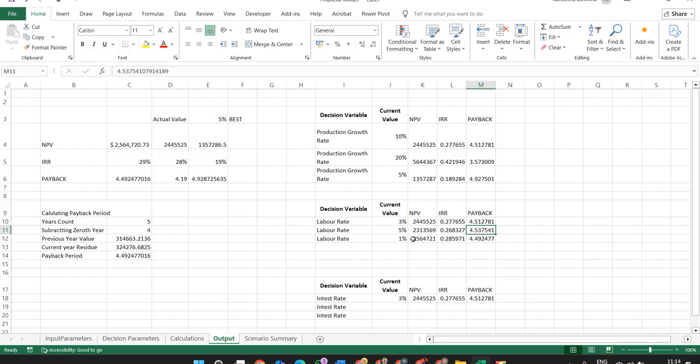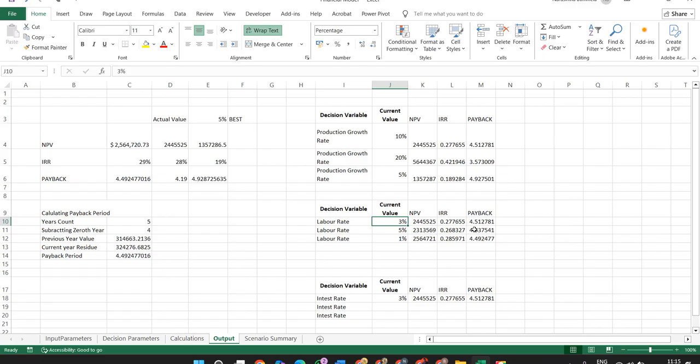And when you decreased it, the payback period decreased. So the labor rate value is having a negative impact on IRR and NPV, and it is directly proportional to payback period, meaning if it is reduced, the payback period is improving, and if it is increased, the payback period is increasing.